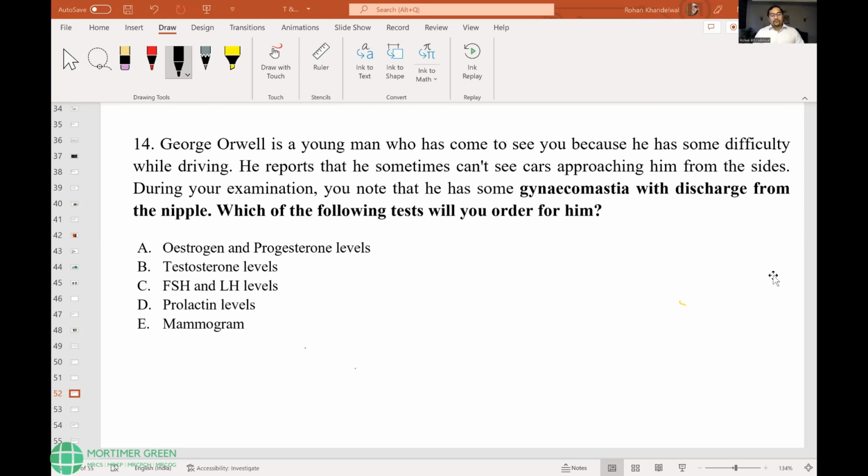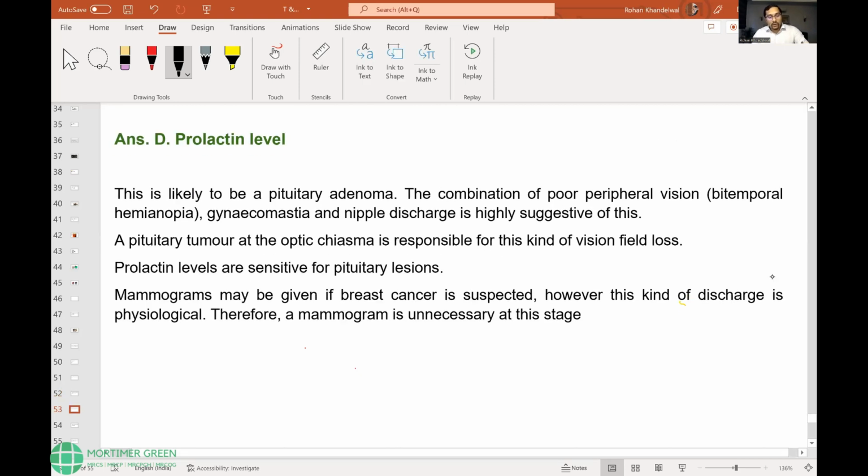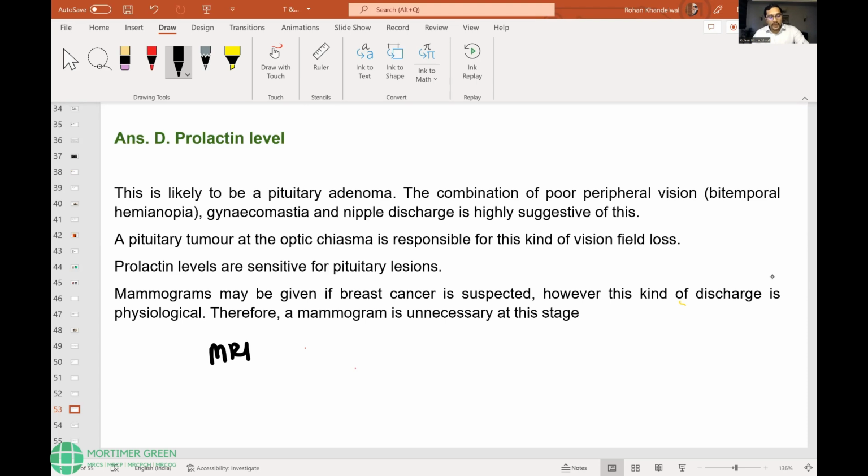So you're correct. We are thinking on the lines of a pituitary adenoma or a prolactinoma, which can give rise to gynecomastia, and we will do prolactin levels, and we will order an MRI brain for this patient as well to look for a prolactinoma.